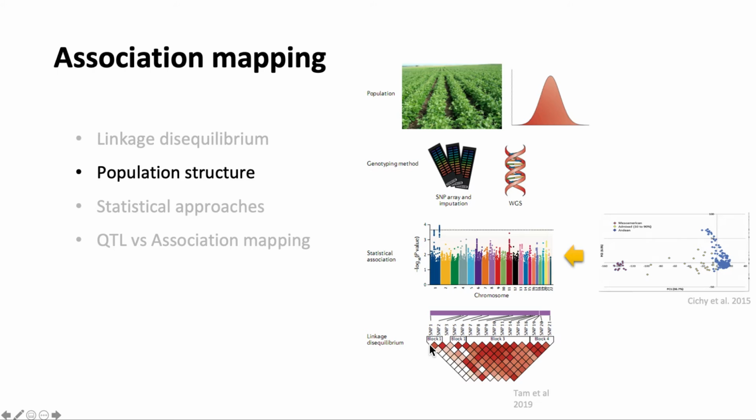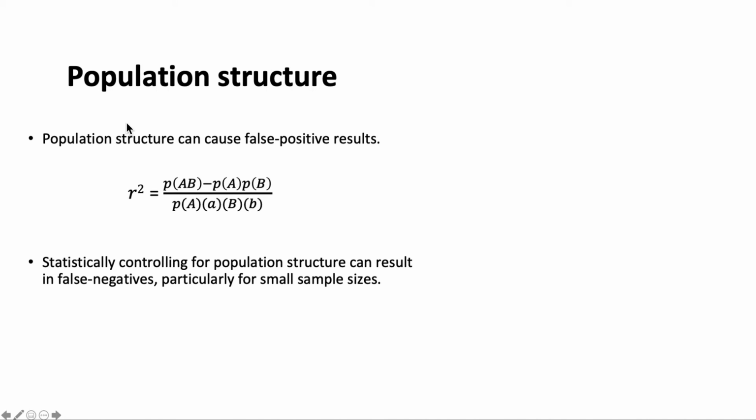And another concept that is important in association mapping is the population structure. And here again we can use the formula to estimate the LD, because the population structure can cause false positive results.